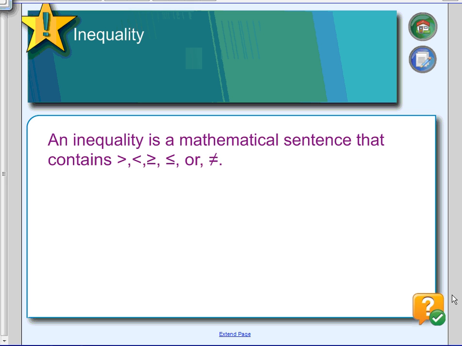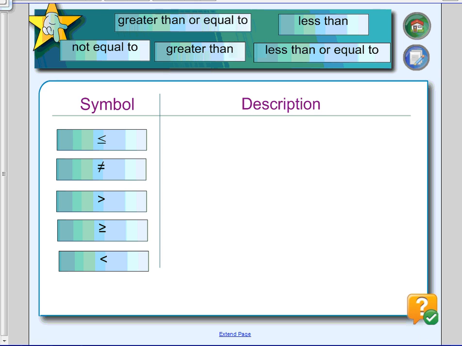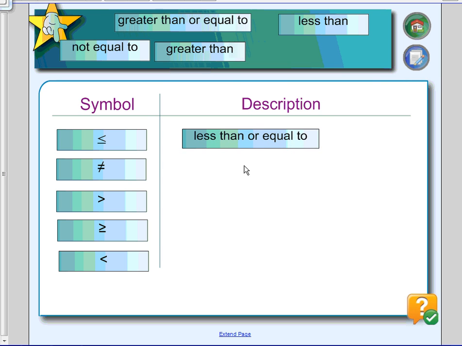So, an inequality is a mathematical statement that contains a greater than, less than, greater than or equal to, less than or equal to, or a not equal sign in it. Okay? So, just a little practice. So, this would be less than or equal to.